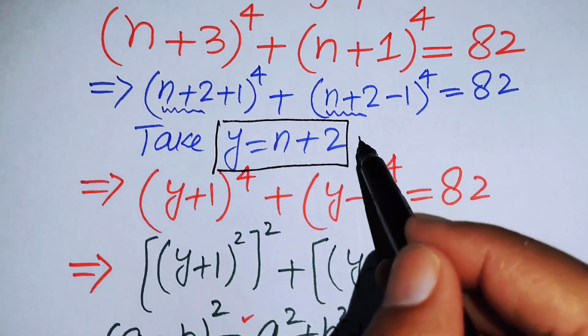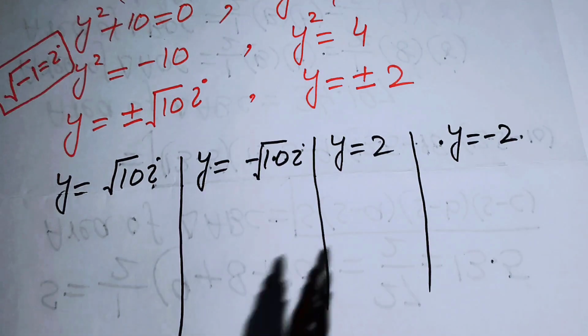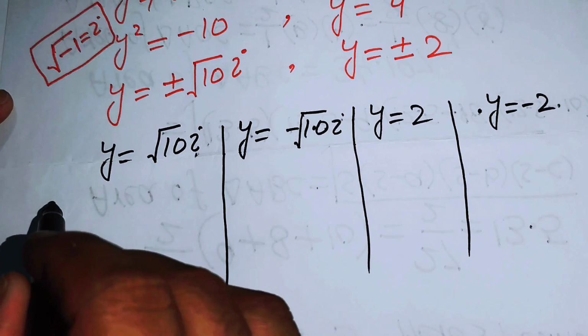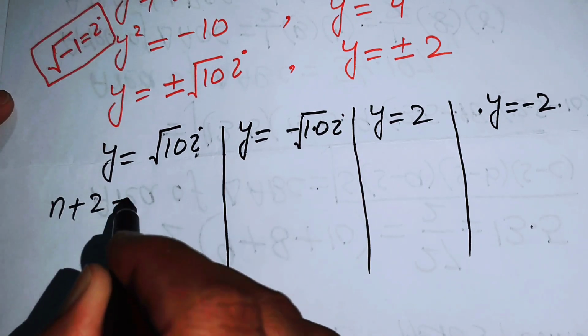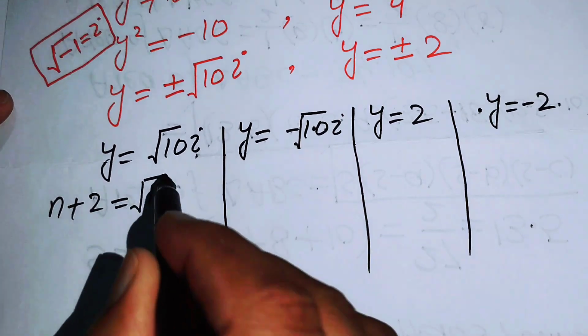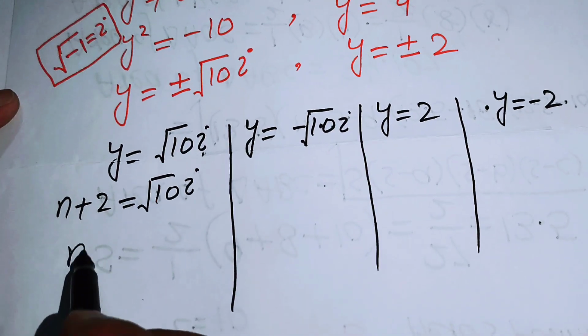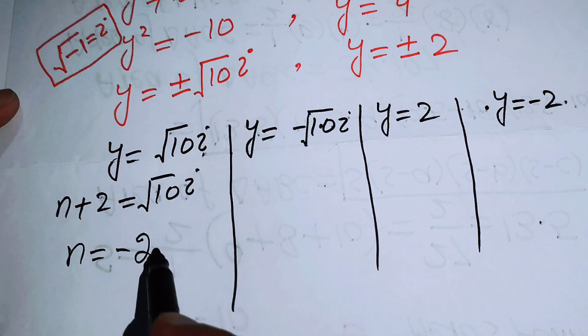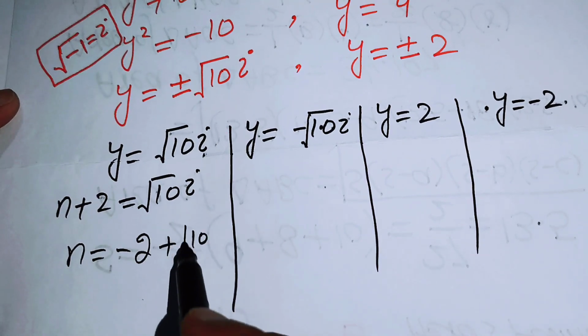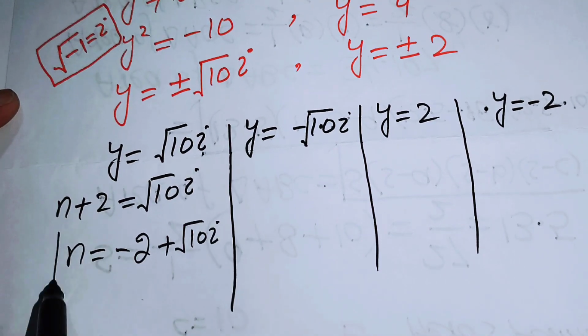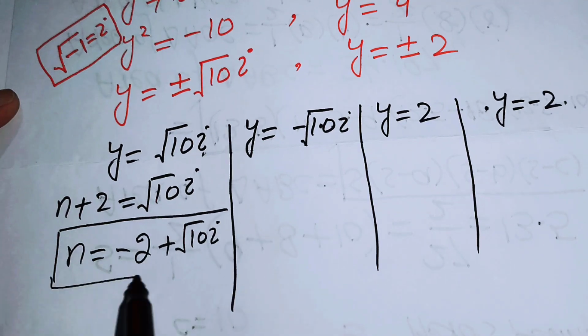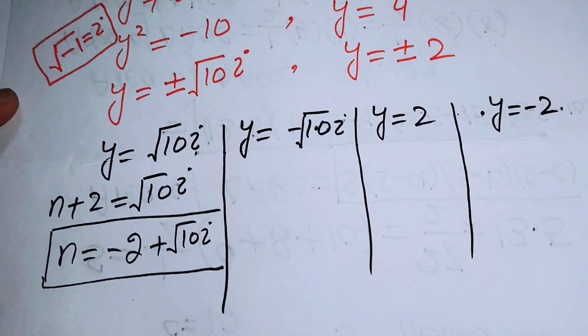Now we back substitute the value of y, so that y is equal to n plus 2, and this whole is equal to square root of 10 iota, and you get the value of n is equal to minus 2 plus square root of 10 iota. So this is the first root of the given equation and this is a complex root.